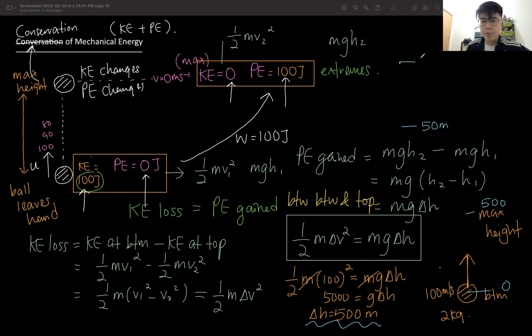Then you would add the change, that is 550 meter. If the bottom is 30, then the change plus the change, this is 530. If the bottom is 0, then the change is the same as the top, 500 meter.